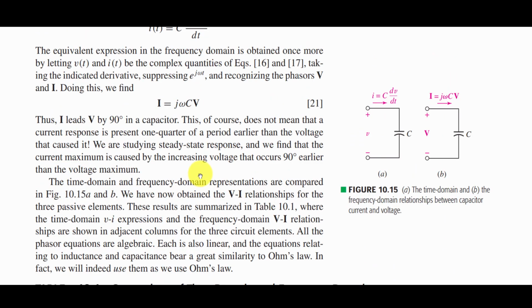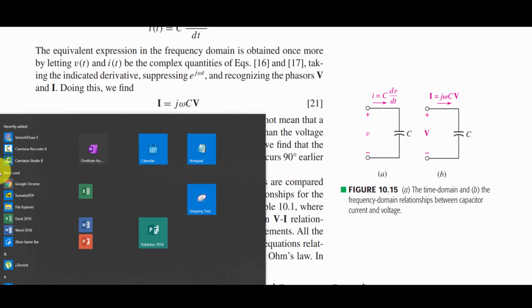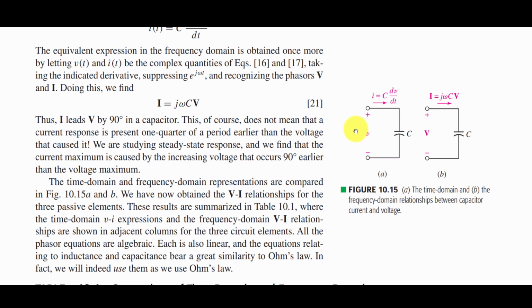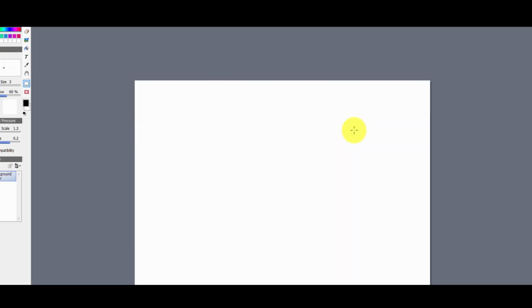j is the square root of minus 1, and if we multiply any vector by minus 1, we have the phase, let's draw this thing. Let's quickly draw this: if we have a vector and we multiply it by minus 1, this whole vector will shift its direction.